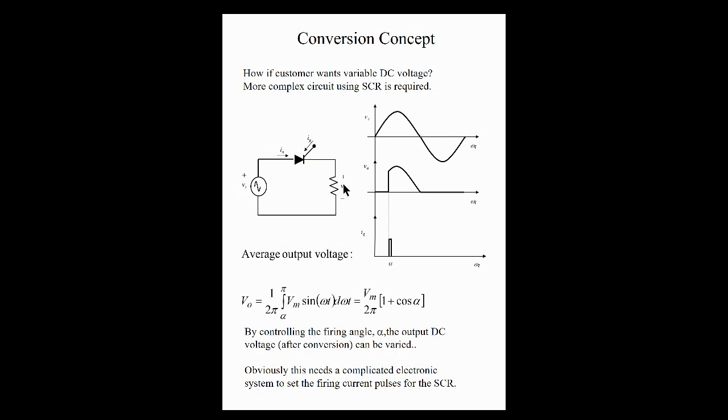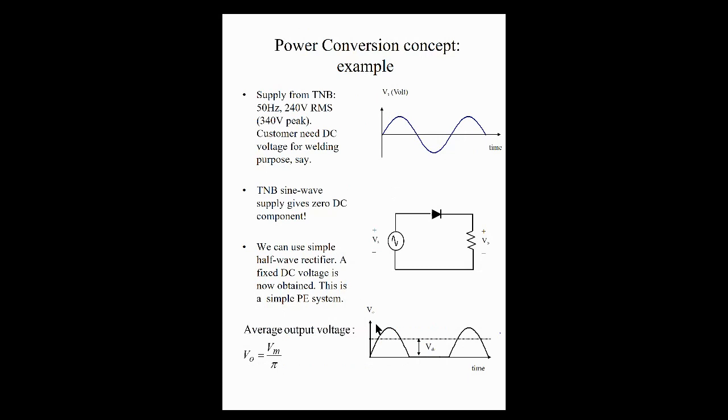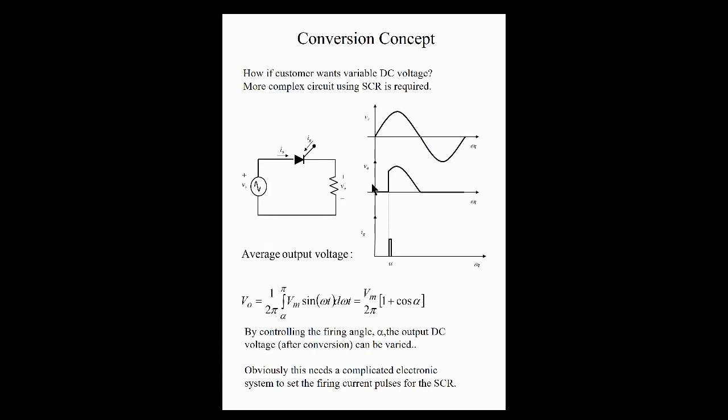However, with the silicon control rectifier, we're able to control different points at which we can turn this device on. Here the device turns on at a particular time, as opposed to a diode, where it comes on at a fixed point in the cycle.